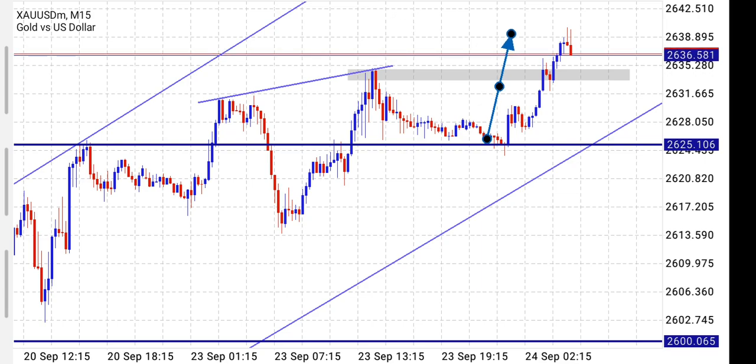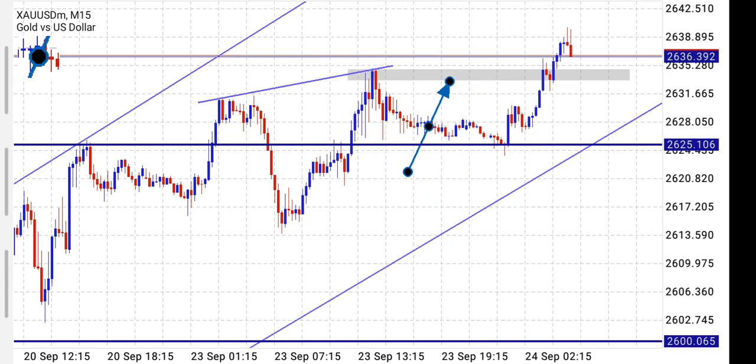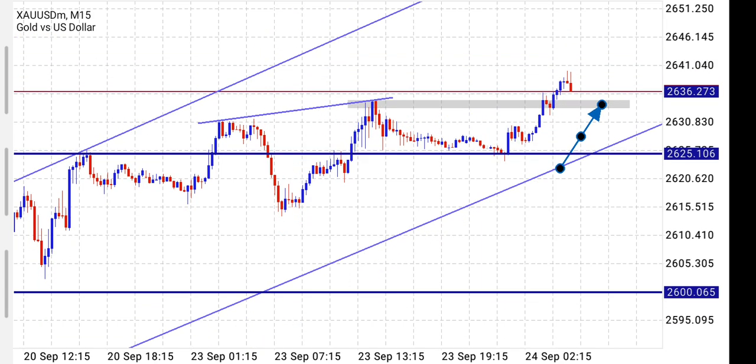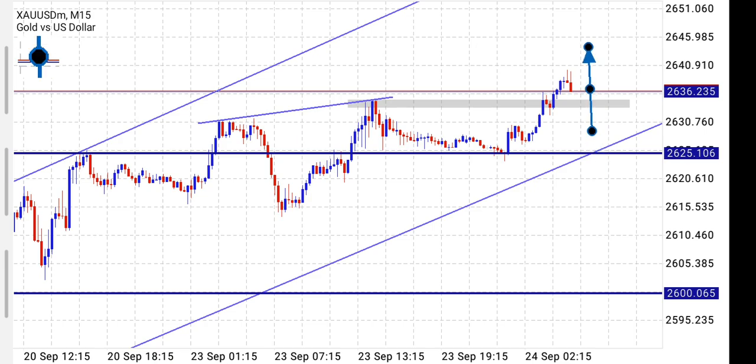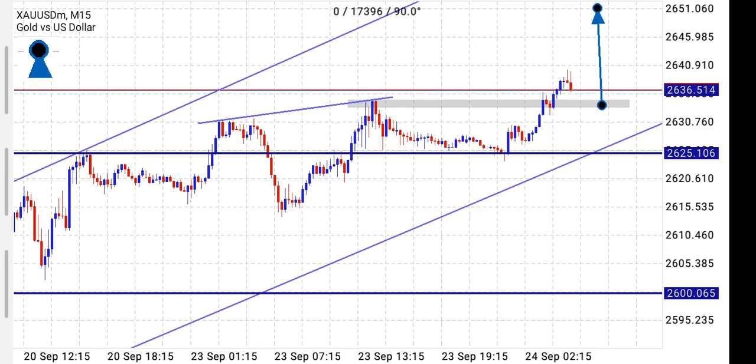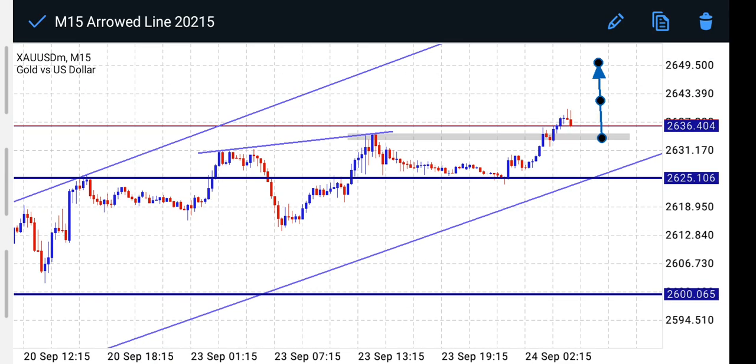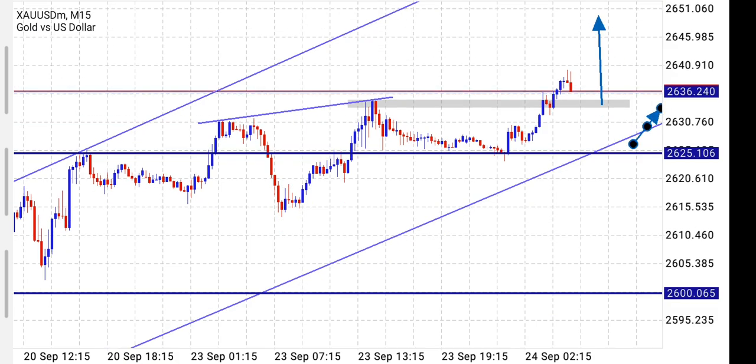But just being honest and just looking at the market, just doing my analysis, price may probably retest this resistance whereby now it's going to turn into a support. Price might retest it and probably continue to the upside, or we may eventually break.